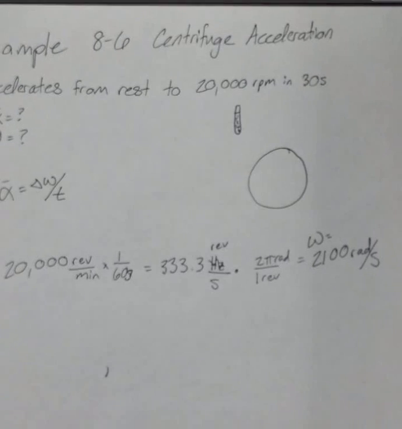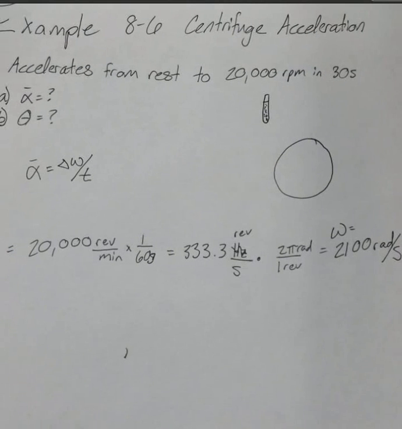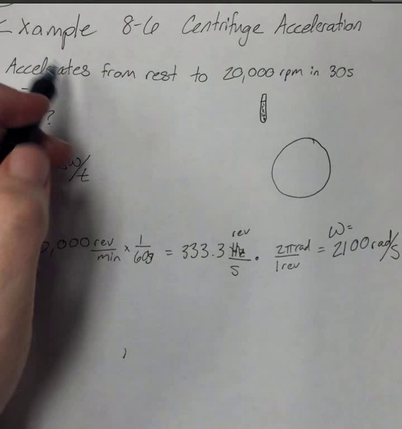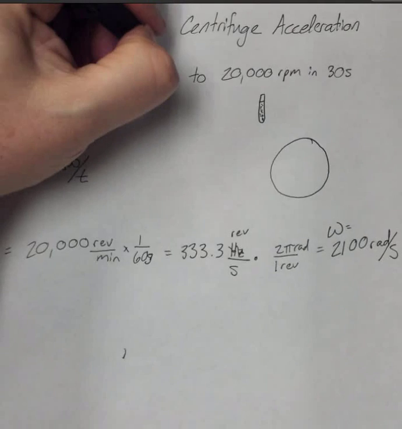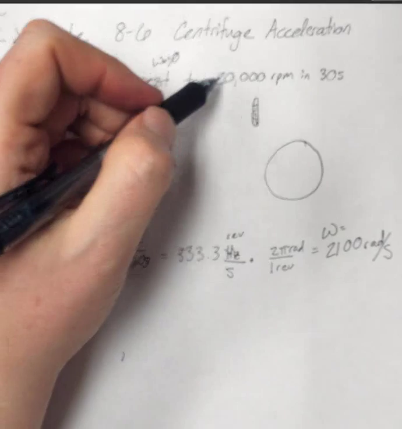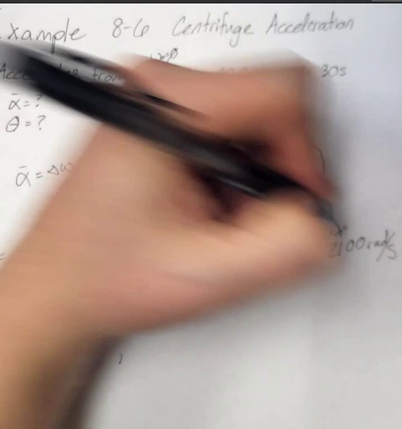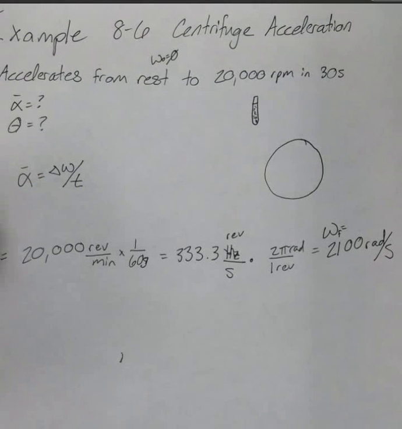So in order to use our kinematic equations for rotational motion, we need to consider what velocity that is. Well, it was accelerated from rest. Rest is clearly an initial velocity of 0, to 20,000 revolutions per minute, so that's definitely your final velocity, and that occurred in a time of 30 seconds.